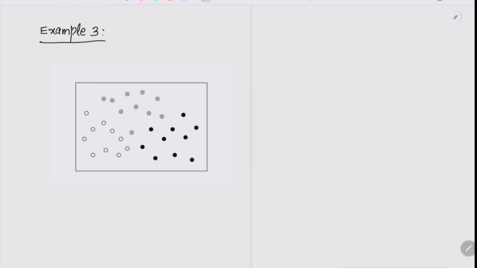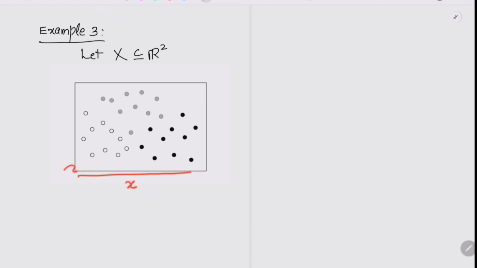The last example is about clustering. In this example, we need two sets. For example, the first set shows where x is coming from. X is a subset of R squared. It means that we have the x-axis, and on the other axis we have y.